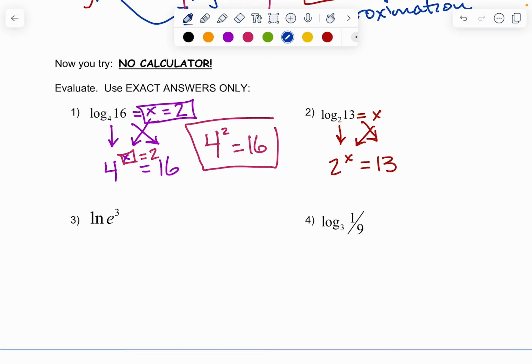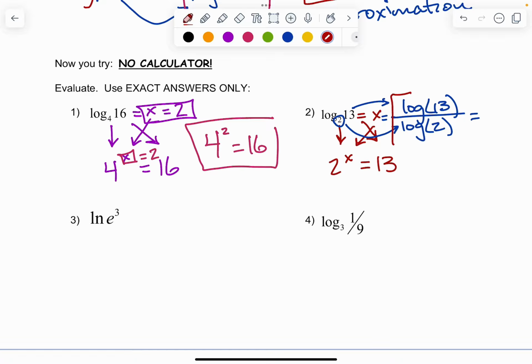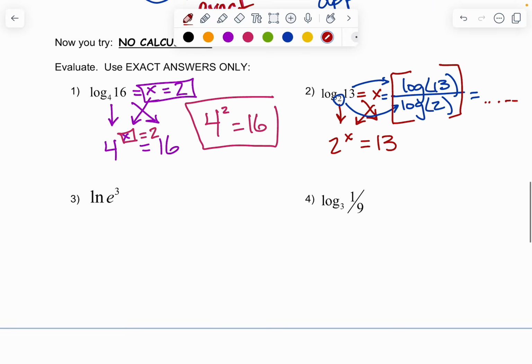So what we could do here is use a change of base, and that would be our exact answer. And then you could put that in your calculator, which I don't have one on me right now, and see what you get out. Round it to 2 or 3 decimal places.